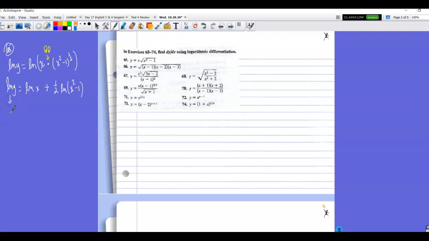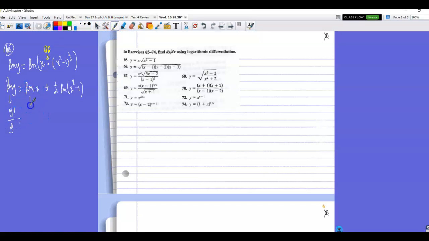The derivative of the ln of y is... whoops. Let's go ahead and write it that way. I forgot we were doing ln. The derivative of the ln of y, let's try that again, is y prime over y.